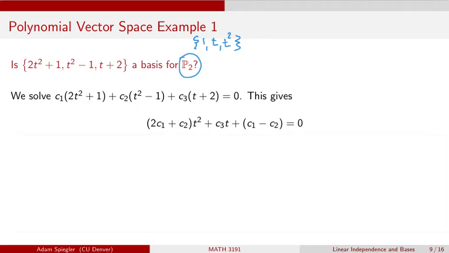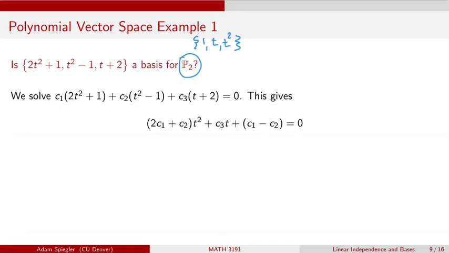We group like terms, so I can rewrite this as a quadratic: (2c1 plus c2) times t squared plus c3 times t plus (c1 minus c2). And I want this to equal 0. I'm curious, are there weights c1, c2, and c3 that are not all equal to 0, so that when I add these vectors together, I wind up getting the zero vector?